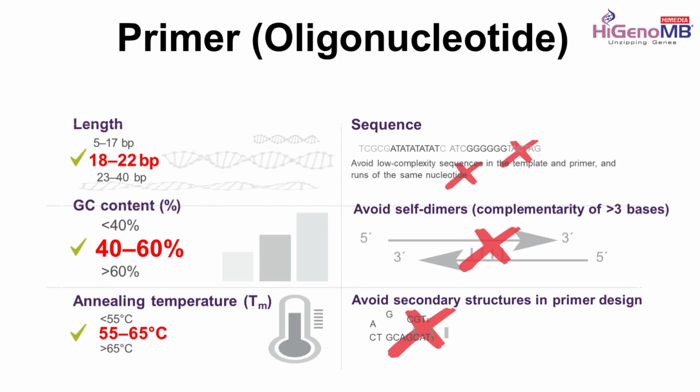I repeat it again. A run is a stretch where the same nucleotide is repeated multiple times, say for example, A occurring 10 times in tandem. So this is called a run.